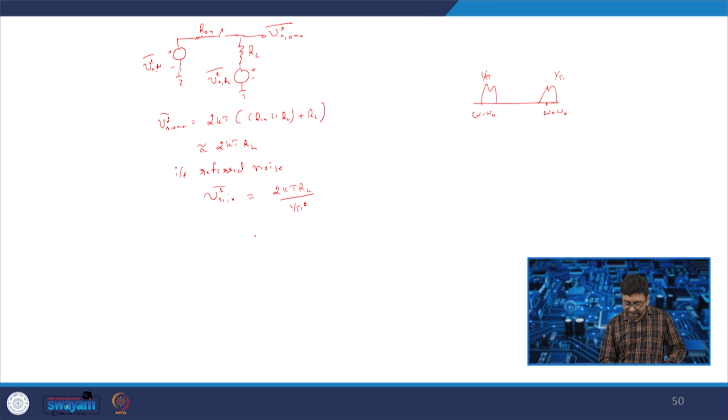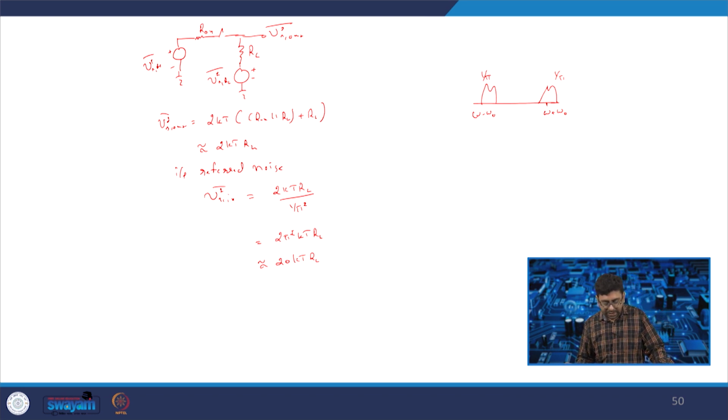So that is 1 by pi square. So we will get 2 pi square kT RL, which is equivalent to 20 kT RL. So this is a very important consideration.